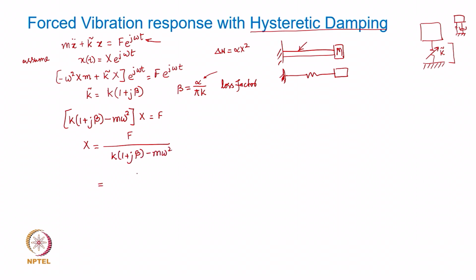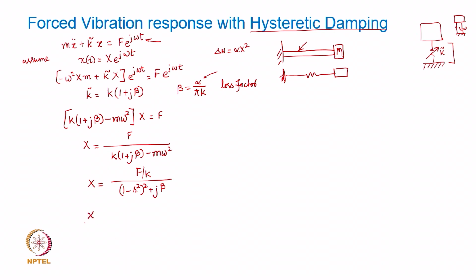Let me keep it as it is to start with. If I take k out from the denominator and take it in the numerator here, I get what? 1 over 1 minus, you can show that, I leave it to you to figure this out, it is very straightforward and simple, plus j into beta.